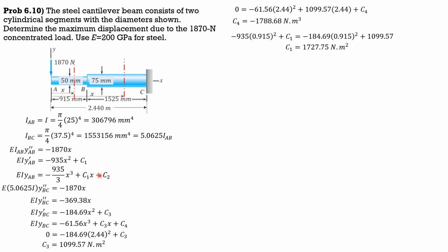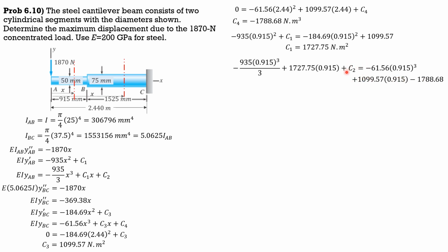Also, when x is 0.915, delta B, or y AB, is equal to y BC. So this is equated to this value here. So negative 935 over 3 times 0.915 cubed plus c sub 1, 1727.75, times 0.915 plus c sub 2 equals negative 61.56 times 0.915 cubed plus c sub 3, 1099.57, times x, which is 0.915, plus c sub 4, which is negative 1788.68.